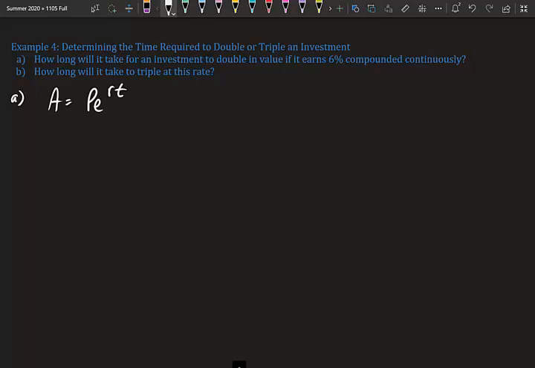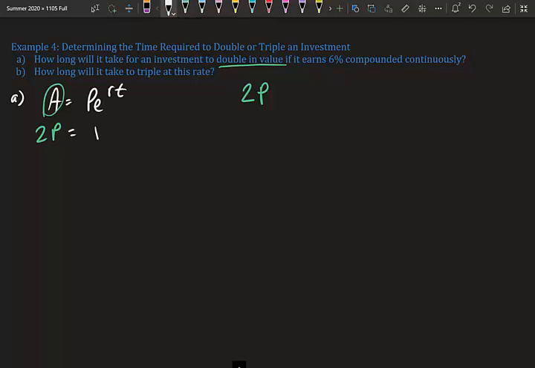All right, so we don't know anything about money at all, but we know we're trying to double the value. So the value is the money we put down, which is P, and if I want to double it, isn't that 2P? So at the end of everything, I want to double my investment. That's what I want it to be at the end.